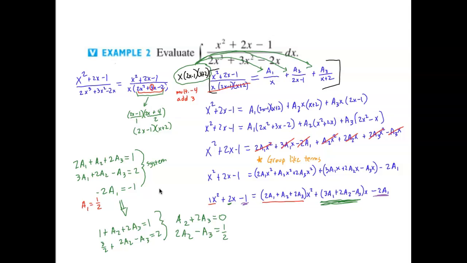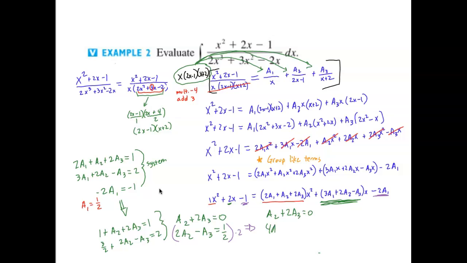And then you can solve this however you like, substitution or elimination. This one, I think elimination is going to be the easiest. If I multiply the bottom equation, the whole thing by 2, I'll then have a2 plus 2a3 equals 0.